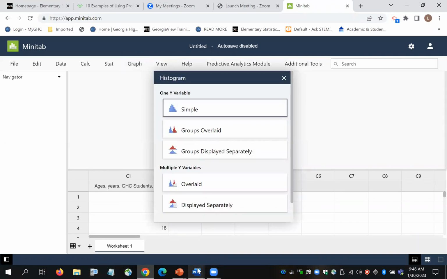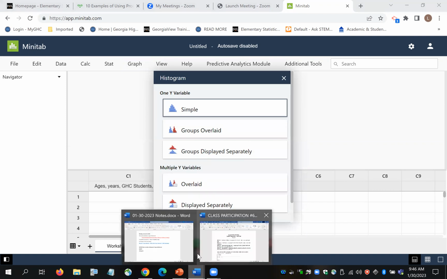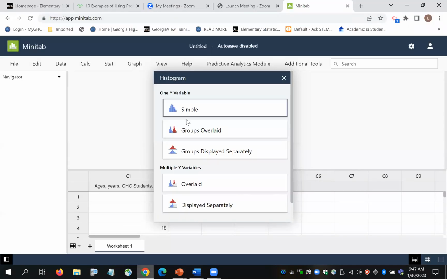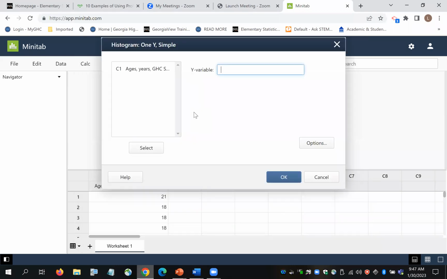We're going to do a one variable simple. So we're going to do one variable y. We're only using one variable. At this point, we're only talking about age, and we keep it as simple as possible for this course. And you do actually have to double click, if I'm not mistaken, when you make that selection. Okay, so we go graph, simple, double click.